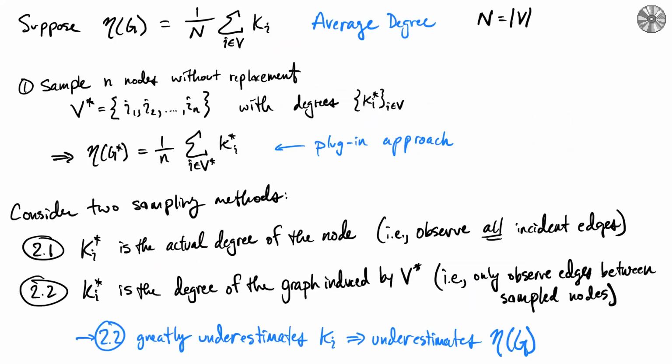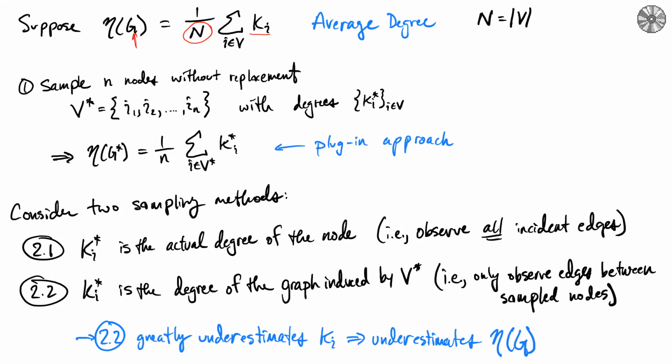So taking this notion of the statistic being the average degree, if we have big N nodes in the original population graph G, then we just take the average over their degrees, and that is the average degree.